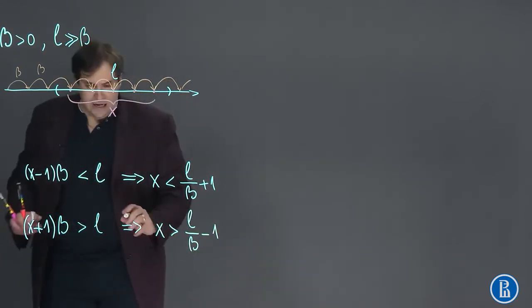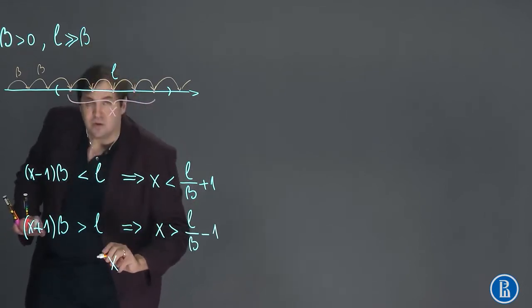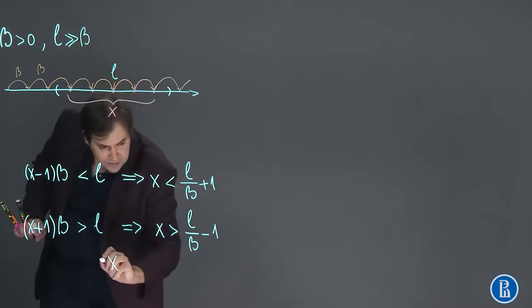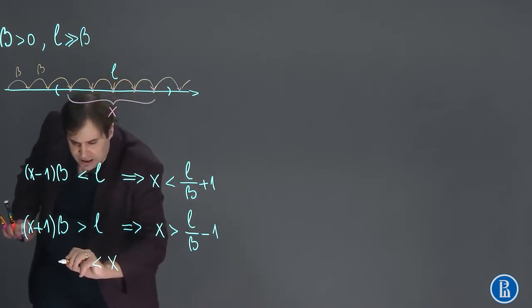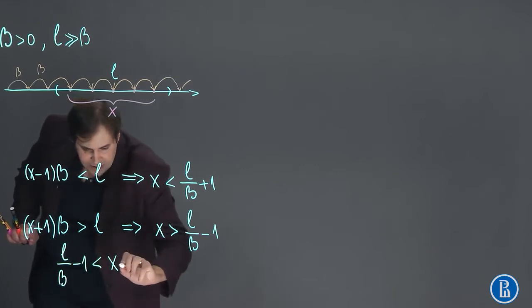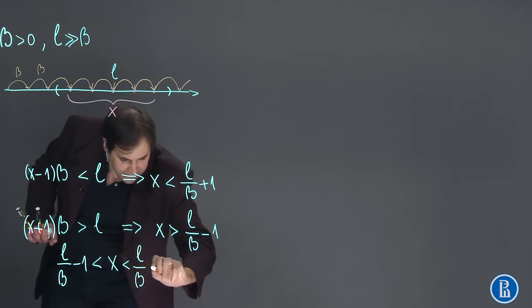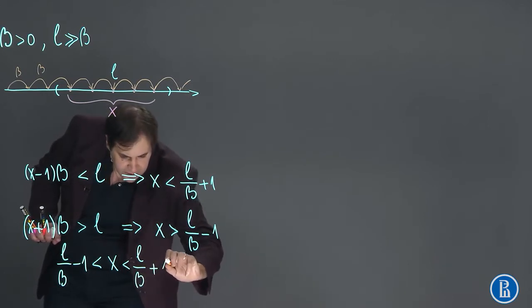So we gain finally an estimate on the number of points inside the interval. It's somewhere between L over beta minus 1 and L over beta plus 1.